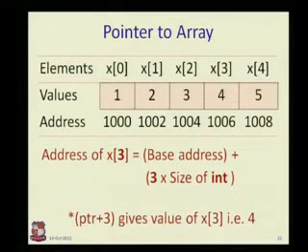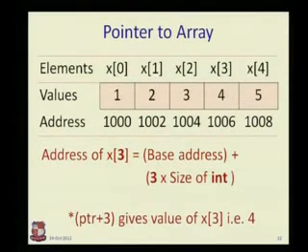So what is star of ptr plus 3 giving? Now remember this order of the brackets. I am not doing star ptr plus 3. I am doing ptr plus 3 and then star, meaning ptr has address 1000, plus 3 means 1003. Then dereference that. Is it okay? No, it is not okay.